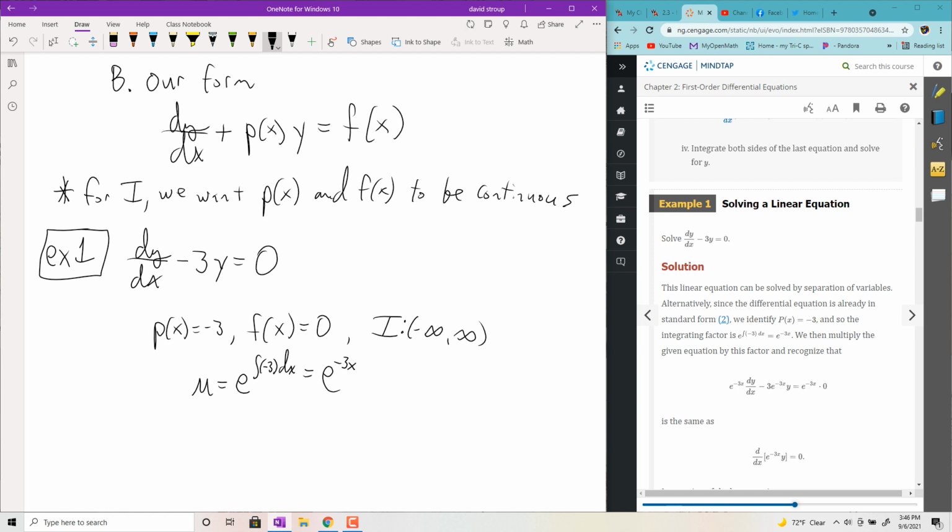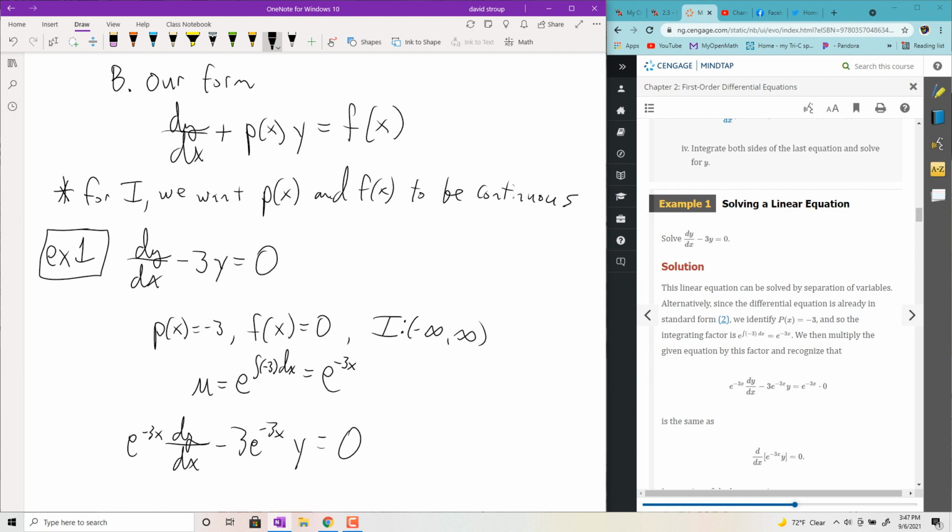This is just a means to an end, so I won't need the plus c part. Then I'm going to multiply the original differential equation that's in our form by this factor. So I'll get e to the -3x dy over dx minus 3e to the -3x y equals 0 times e to the -3x.